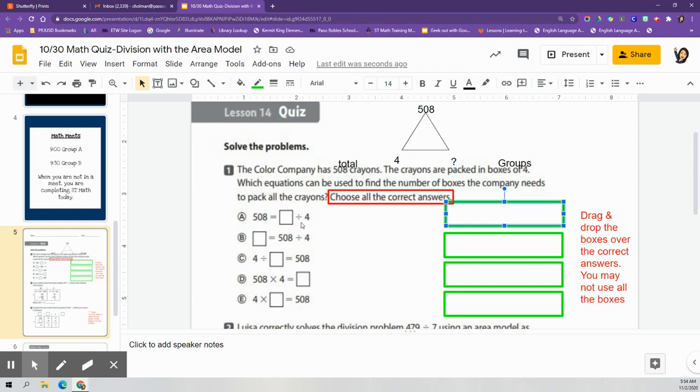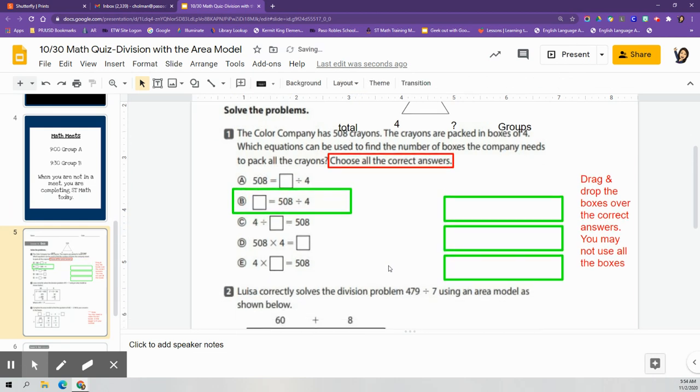And the answer is no to A, because what we should have is 508 divided by 4 equals something for this problem. So A is incorrect. B says 508 divided by 4 equals something. That is the relationship of the numbers in this problem.